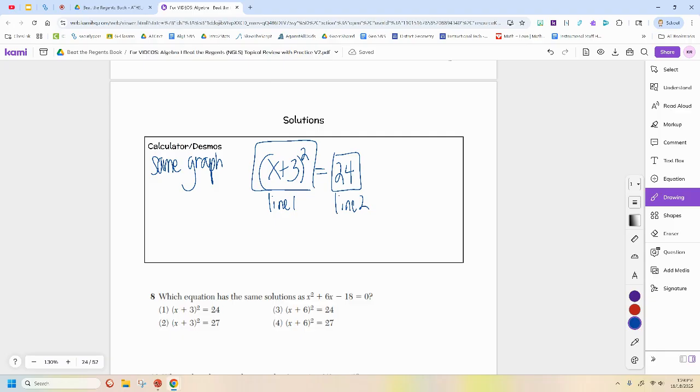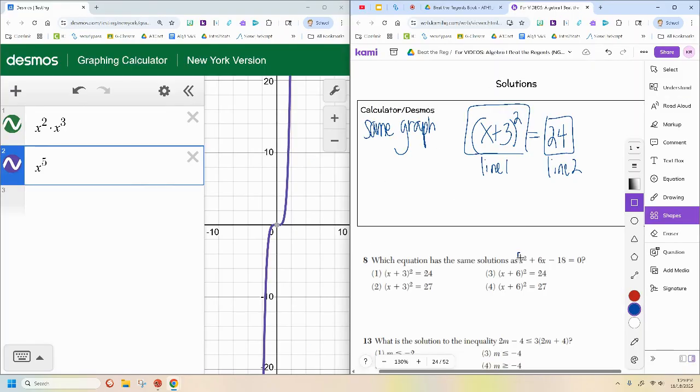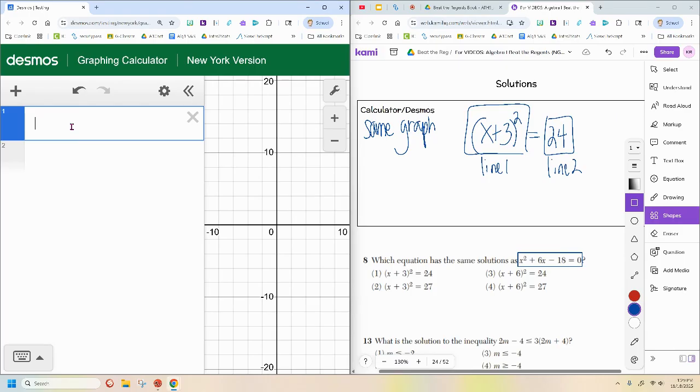So question number 8 says, which equation has the same solutions as x squared plus 6x minus 18 equals 0? Let's go see what Desmos does when we type this in exactly as it is. I'm not going to separate it. So let me clear out and let's go ahead and type that in.